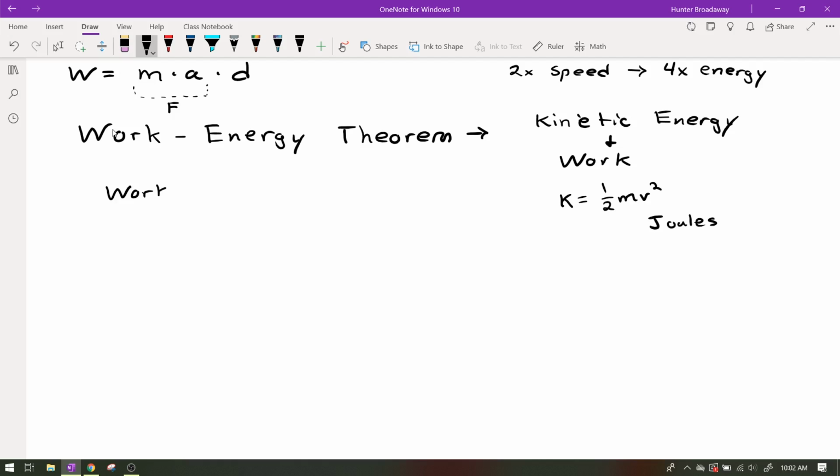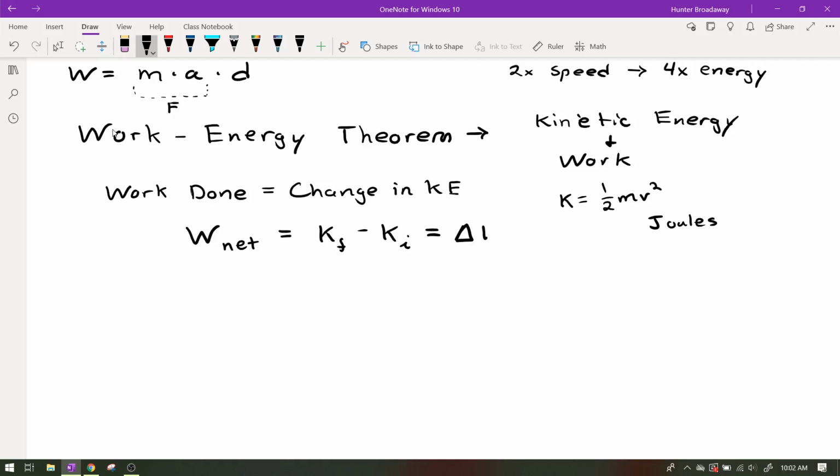Writing it out as a pseudo equation, the work done is equal to the change in kinetic energy. To write it as an equation, nice and compact, the net work on an object, W net, so if you add them all together, is going to equal Kf, the final kinetic energy, minus the initial kinetic energy, Ki.